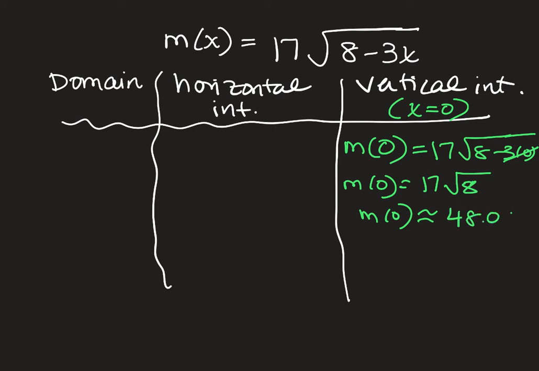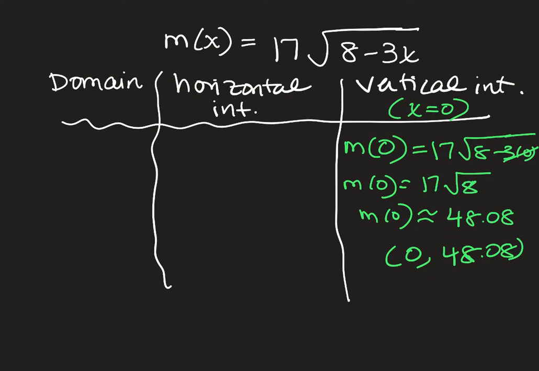So right there, you can see that that is not going to be a point that's going to show up. If I don't know where it crosses the axis, it's going to be hard for me to graph on the calculator because I won't know what to set my windows to. But now I'll see my vertical intercept is the ordered pair 0, 48.08. Okay, so there's one thing done.